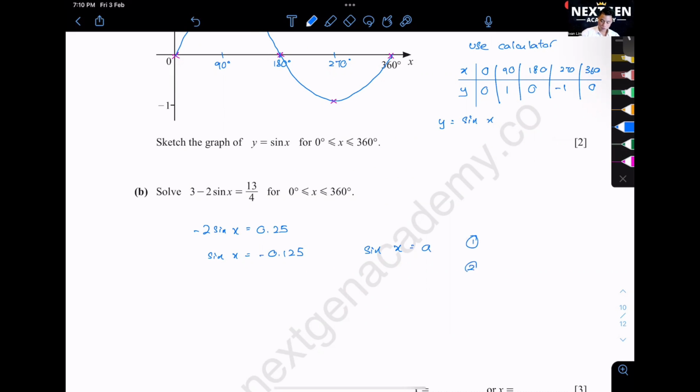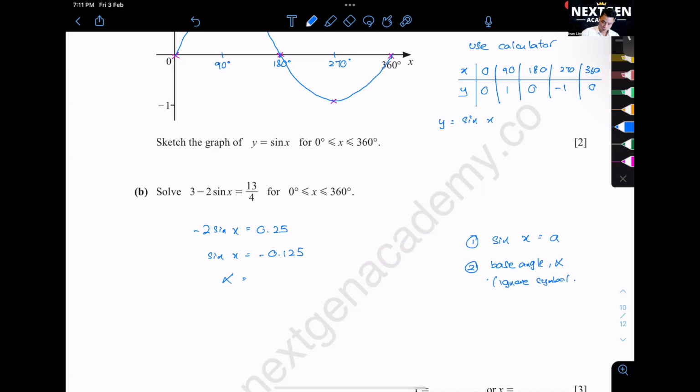Step 2 is you find your base angle alpha. Base angle or reference angle, correct? You ignore the symbol first. We don't care about the symbol first.